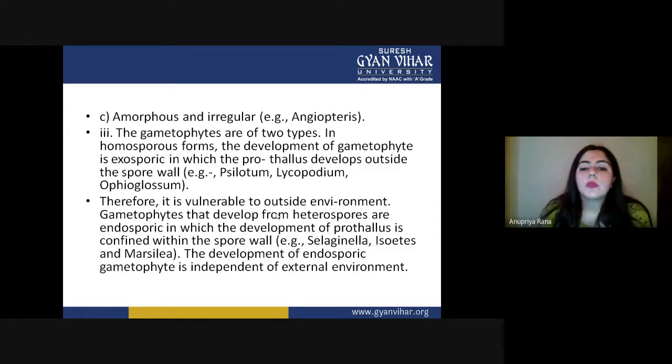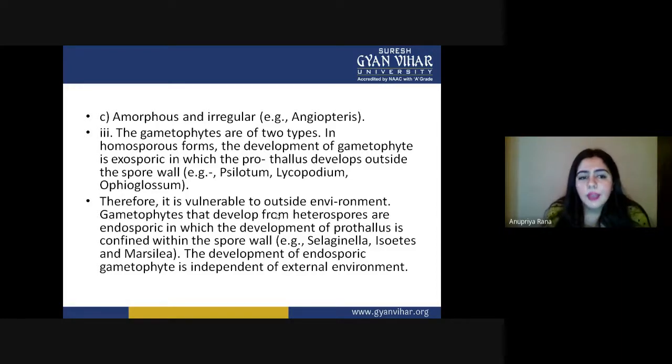Therefore, it is vulnerable to the outside environment. Gametophytes that develop from heterosporous forms are endosporic, in which the development of the prothallus is confined within the spore wall. The newly formed thing is very sensitive, so how can it live in such a harsh outer environment?